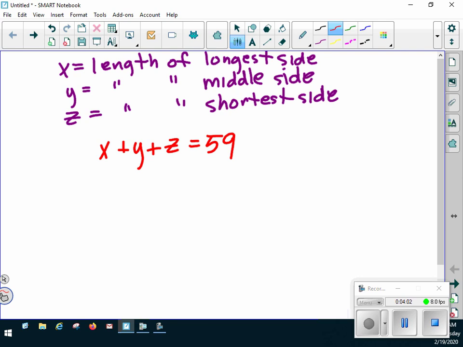So it says the longest side. What's the longest side? Is 11 inches longer than the medium side. All right, 11 inches longer than the medium side. Y plus 11.